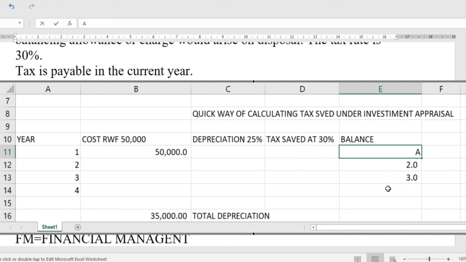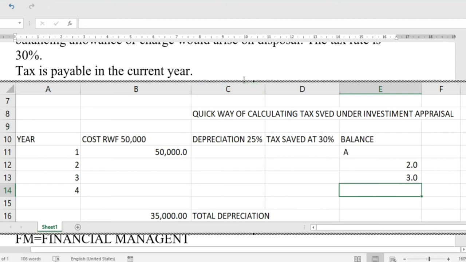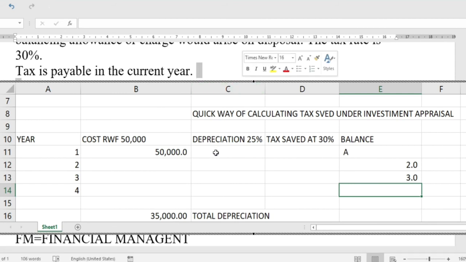We are going to calculate A. You see, this column of depreciation already exists, and we don't care about it. We want to know the tax saved.